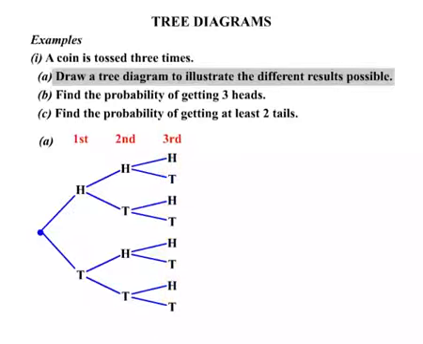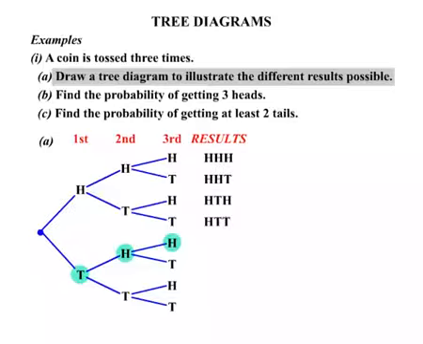Now the whole purpose of drawing these tree diagrams is to generate a list of different results. So the results are, if we follow the branches here, H, H, H, that's 3 heads. The next one, 2 heads, then a tail. The next one, a head, tail, then a head and then 2 tails.